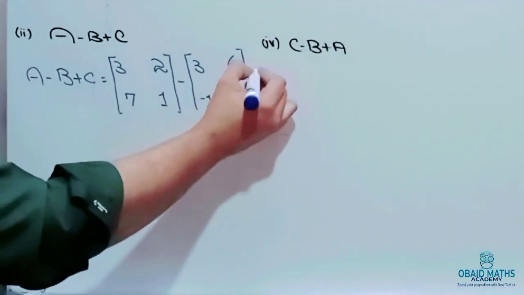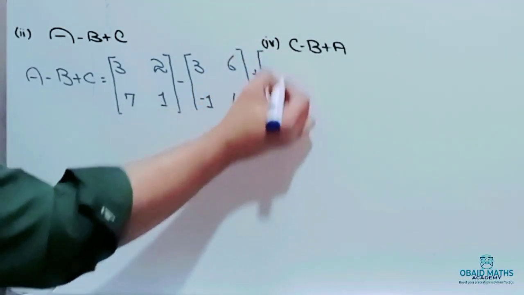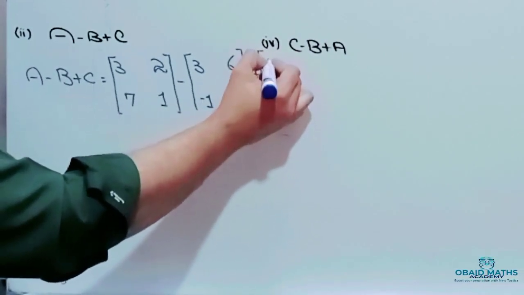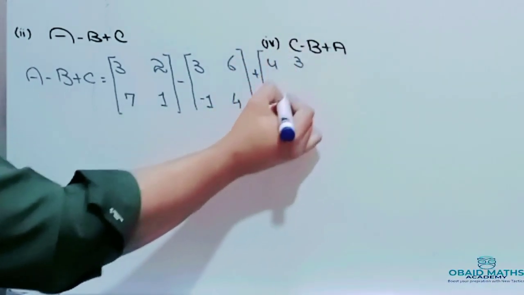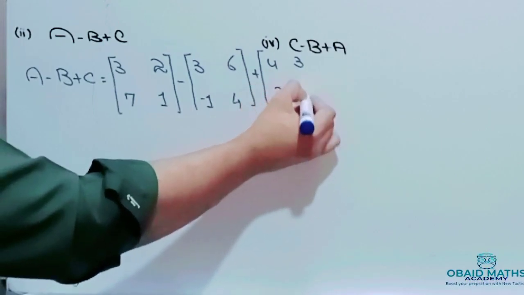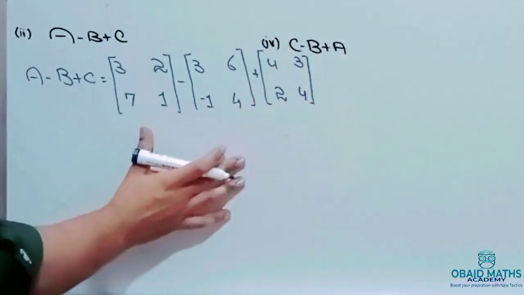And then matrix C, that is 4, 3, 2, 4 and matrix close.